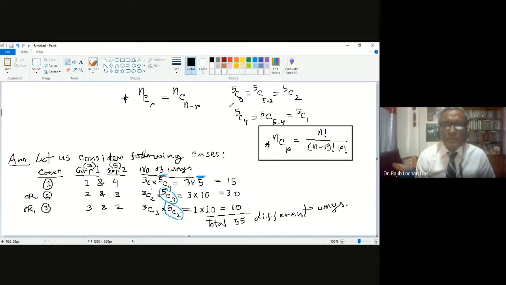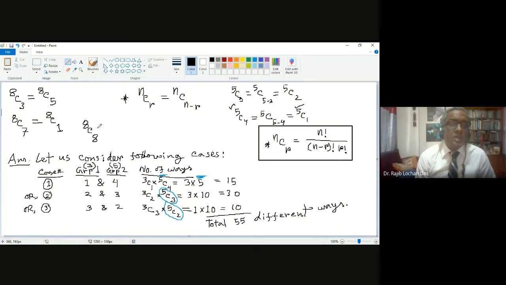So 5C4 and 5C1 value will be same. So in another example, say I can write 8C3. So 8C3 will be 8C5 value, same thing. If I write 8C7, that will be same like 8C1.